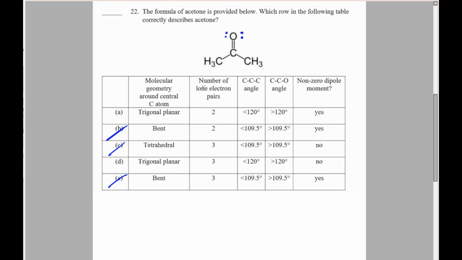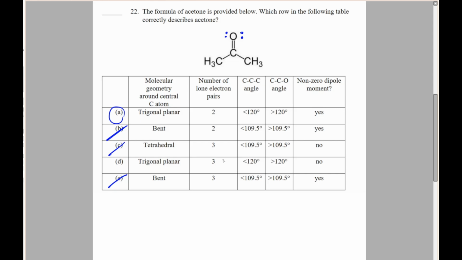The second thing is the number of lone electron pairs, and as I said previously, the only atom in this molecule that has lone pairs is going to be oxygen, and that's going to have 2 lone pairs to fill an octet. So we already know the answer is going to be A because in answer choice D, it says that there are 3 lone pairs, which is wrong.